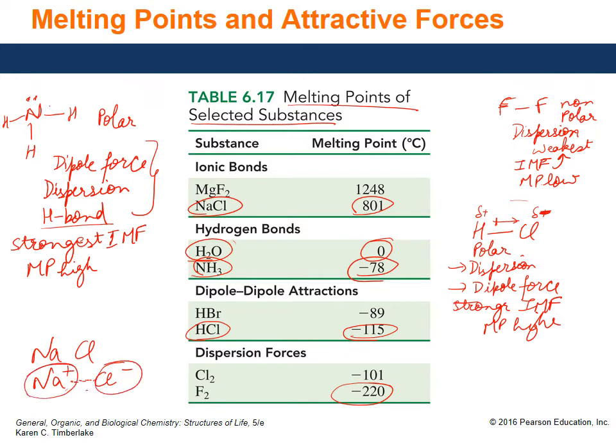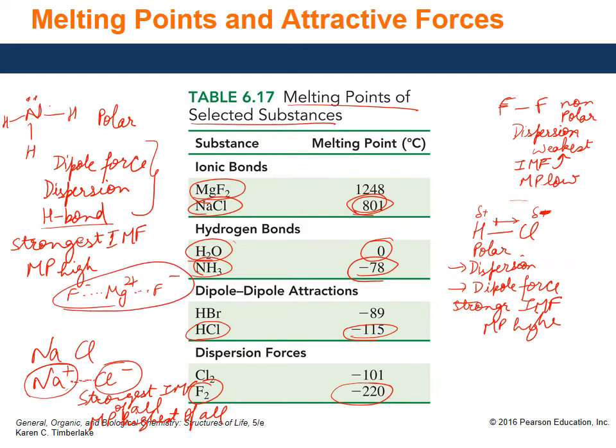So this is the strongest IMF of all, meaning the melting point will be the highest of all. Out of fluorine, HCl, ammonia, water, NaCl will have a higher melting point. Similarly, MgF2 would consist of Mg2 plus, F minus, F minus. So there are more forces of attraction here, which means this would be even stronger with a higher melting point.